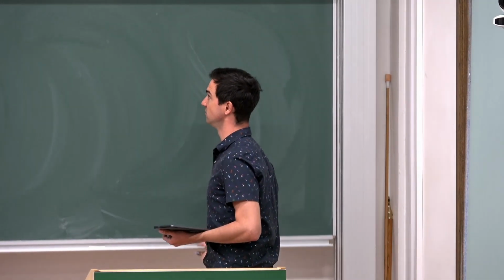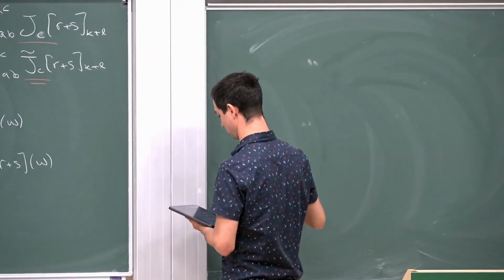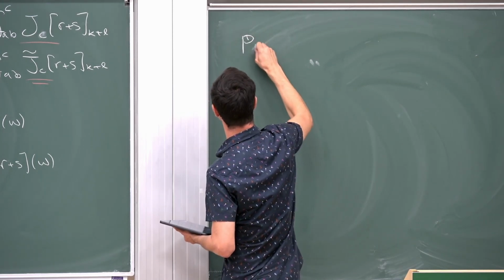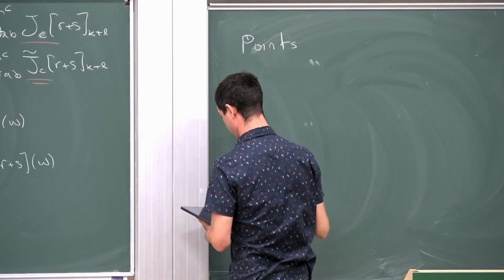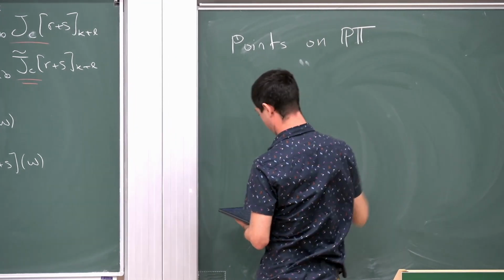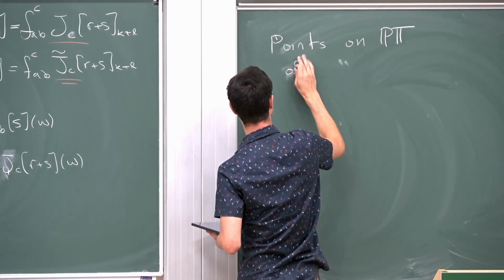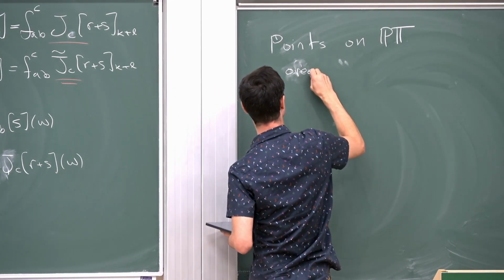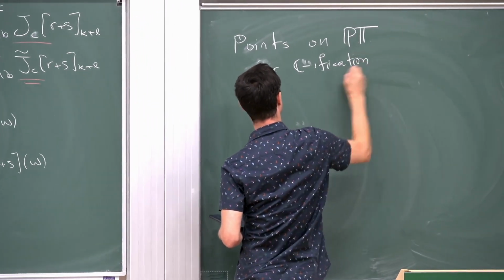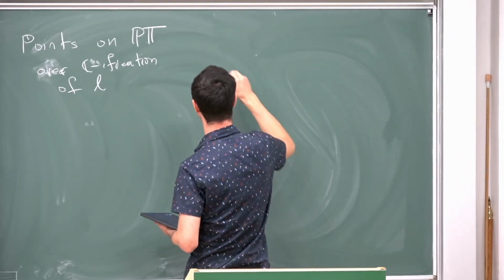And thankfully, twistorologists from yore told us how to do this. The first thing to note is that points on twistor space over the complexification of this line satisfy a nice relation.